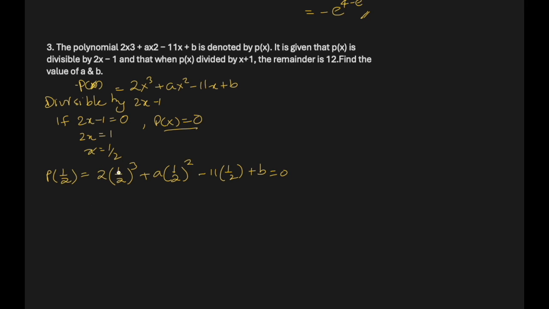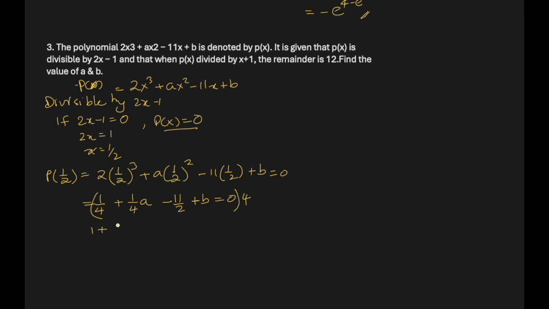So what do we get here? 1 over 8, so it becomes 2 over 8, so I can write 1 over 4 here. This will be 1 over 4 a. This will become 11 over 2 plus b is equal to 0. Can I make it an equation? Yes. Let's multiply the whole equation by 4 so that these denominators of 4 are gone. So 4 multiplied by 1/4 is 1.